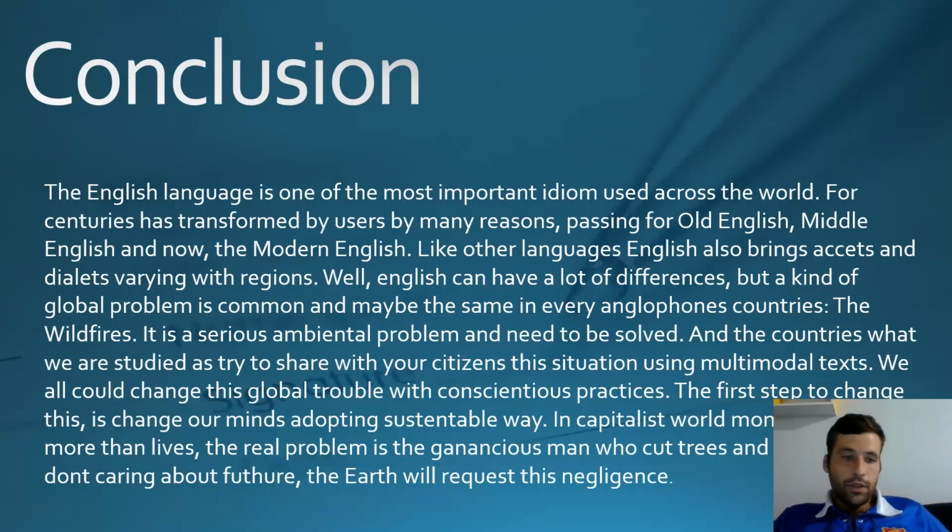The first step is to change our minds, adopting sustainable ways. In a capitalist world, money talks more than lives. And the real problem is the greedy man who cuts trees and forests and doesn't care about the future. The earth will demand payment for this negligence.